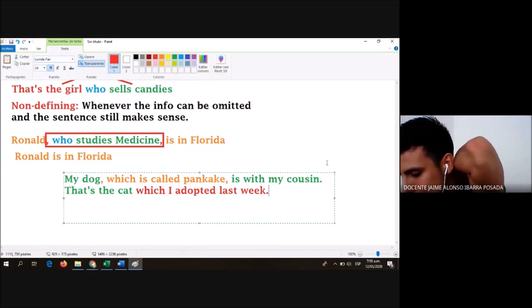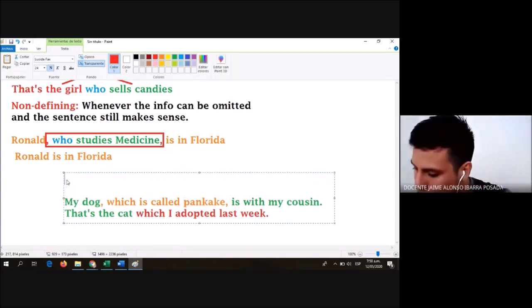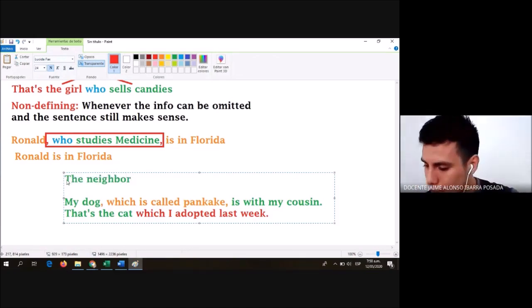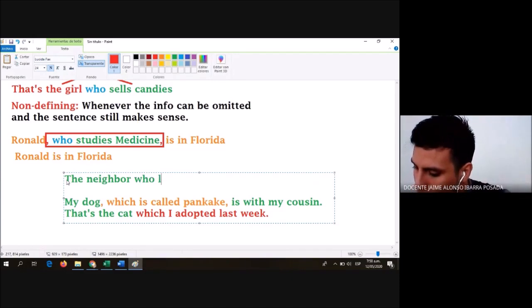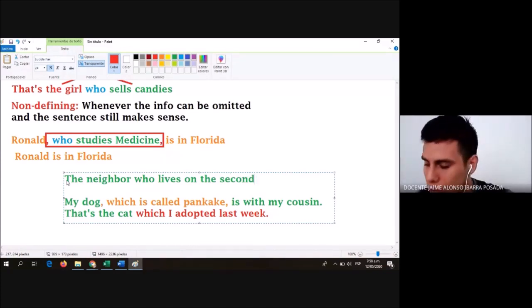Okay, in Alexandro's sentence, let me show you Alexandro's sentence. It says, the neighbor who lives over, who lives on the second floor, maybe.